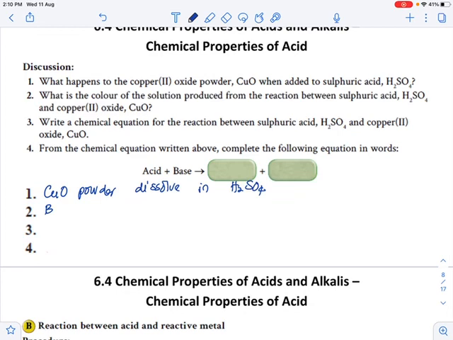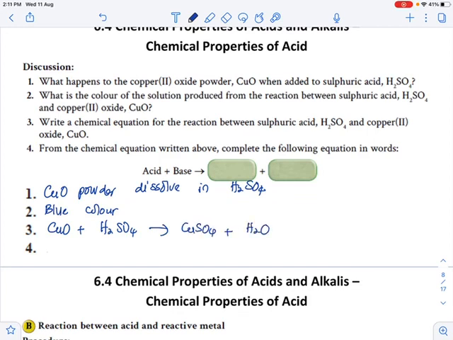The color is blue. Write a chemical equation for the reaction. Copper(II) oxide reacts with sulfuric acid to form copper(II) sulfate and water.